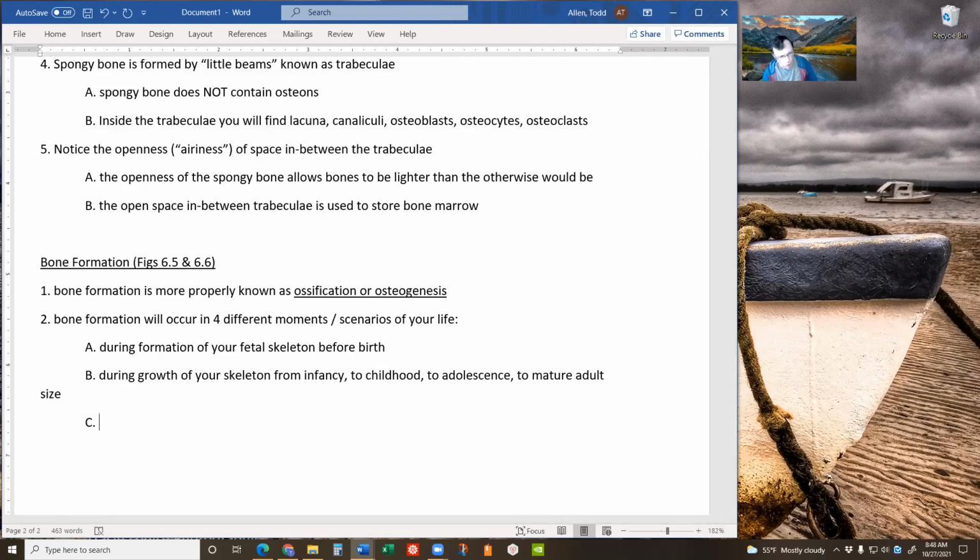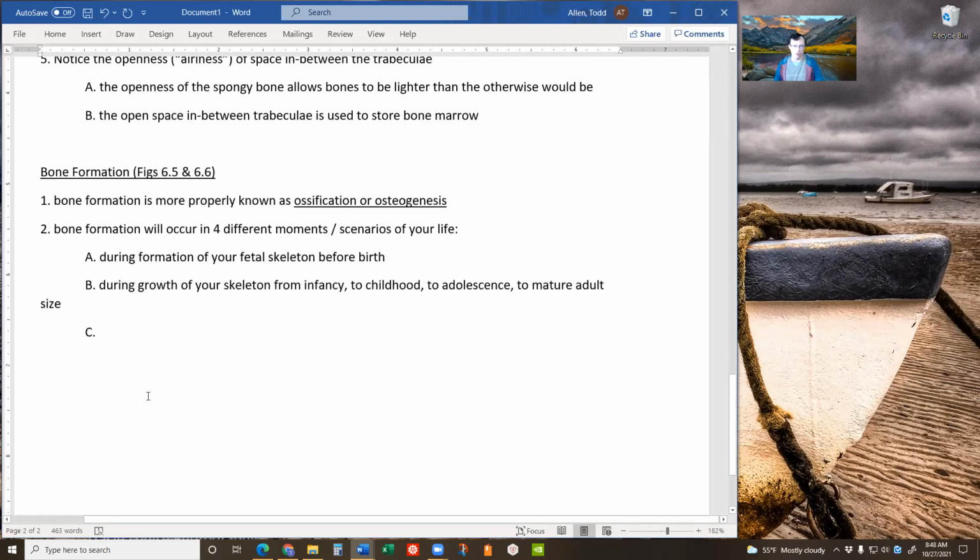The third moment, or I should say many moments of this type, is during bone remodeling. Bone remodeling is basically occurring every day in your body, depending on the various stresses you are placing on your body, right? Whether you're exercising or not exercising, whether you're mowing the yard or not mowing the yard, those physical stresses are causing your body to remodel the bones.